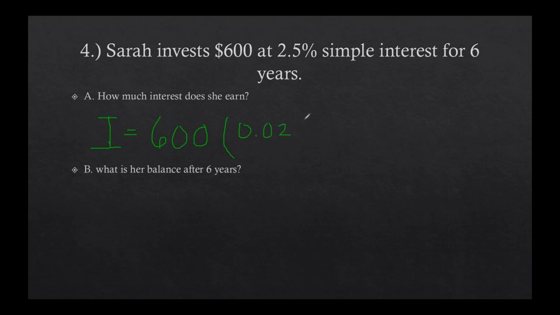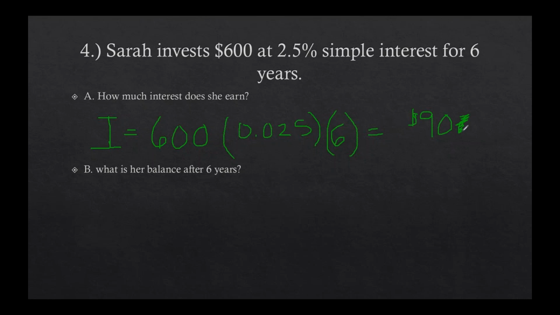So 0.025. And then we multiply by the number of years, which is how many? 6. All right, so little multiplication magic leads us to what? $90. There we go. Okay, so she's going to earn $90 in interest over these 6 years.